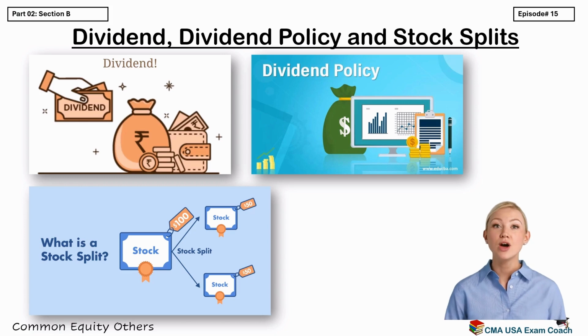These are essential topics, not only from an exam point of view, but also to help you understand how companies return value to their shareholders and how these actions impact the financial statements. Each of these topics will be discussed in detail in the upcoming slides, with clear explanations, formulas, and practical examples to support your learning. So let's begin by first understanding the concept of dividends.